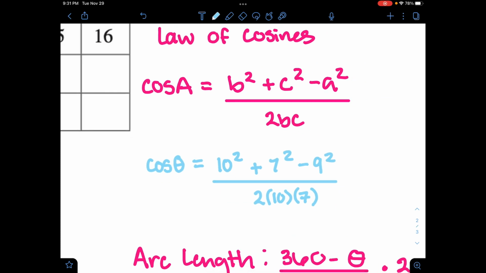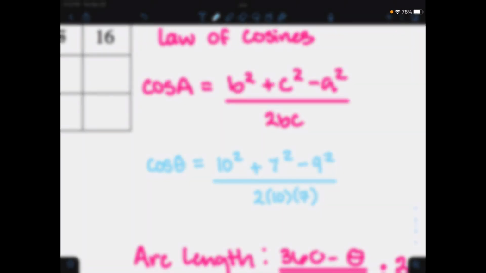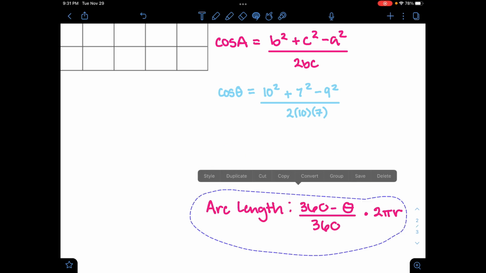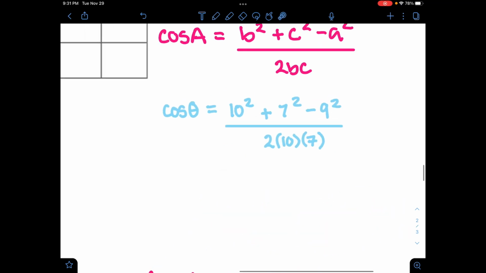So when you add all of these up, you will get, okay, so when you multiply, I'm going to move this down a little bit more. So when you multiply all of these together and divide them, you should get cosine theta equals 0.486.